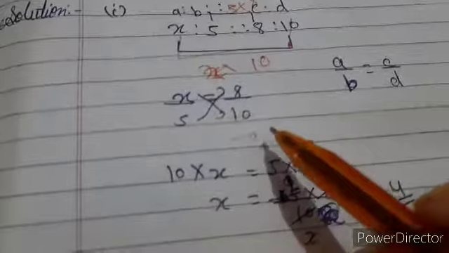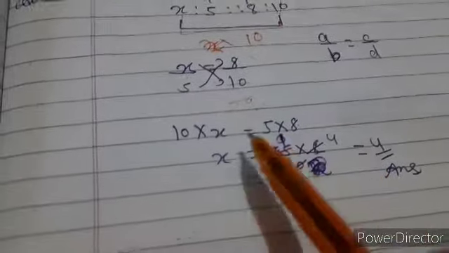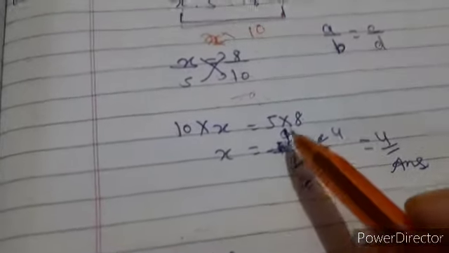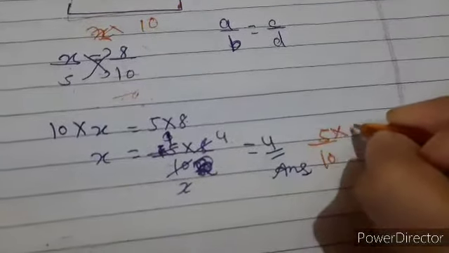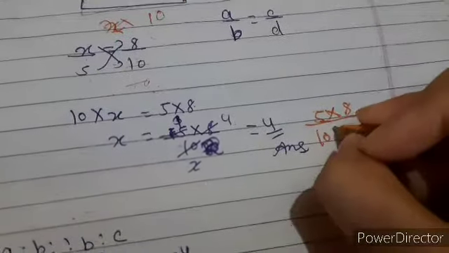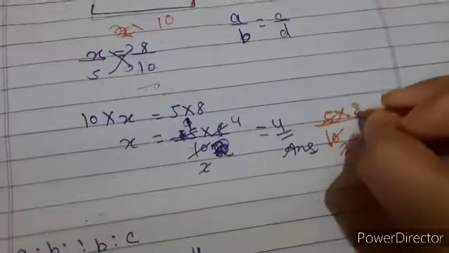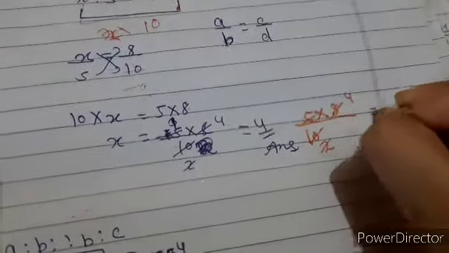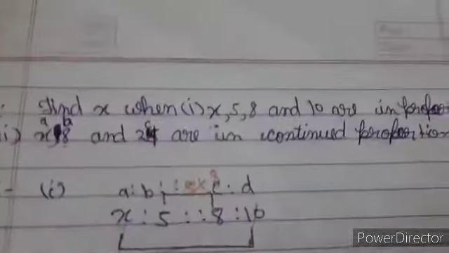Now we will do the cross multiplication. 10 into x is equal to 5 into 8. X is equal to 5 upon 10 into 8. Now let's solve. 5 ones are 5, 5 twos are 10, and 2 fours are 8, so x is equal to 4. Answer came 4.